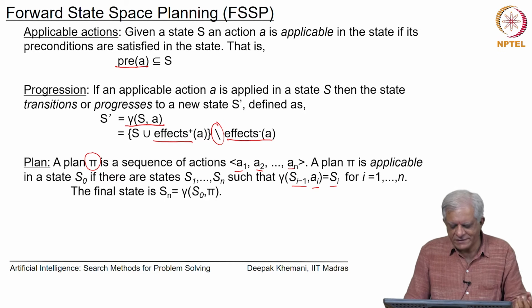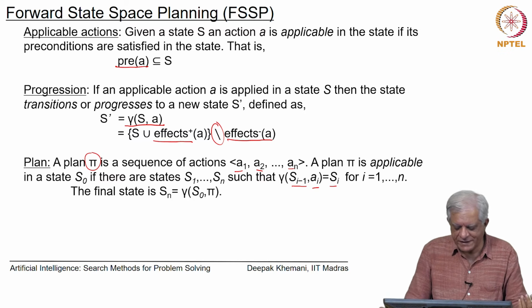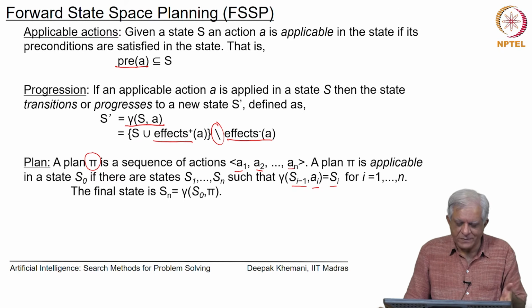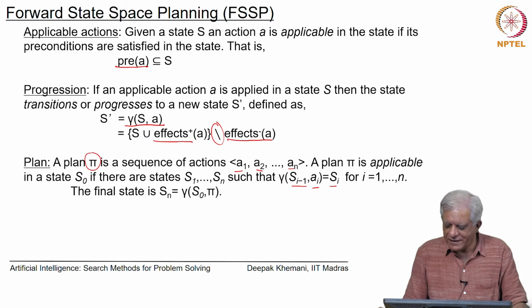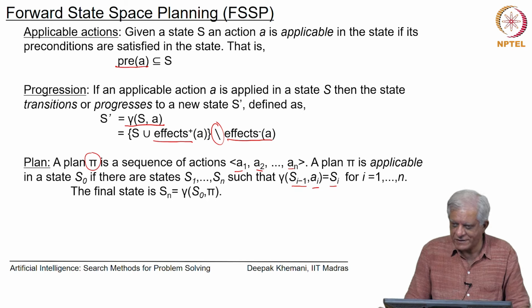So, essentially the state transition function takes you from S0 to S1 by applying action A1, then from S1 to S2 by applying action A2, and so on and so forth, till the last action takes you to state Sn, where i varies from 1 to n.